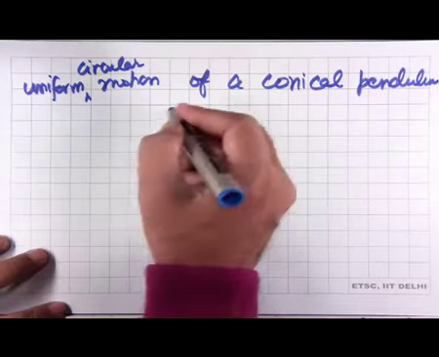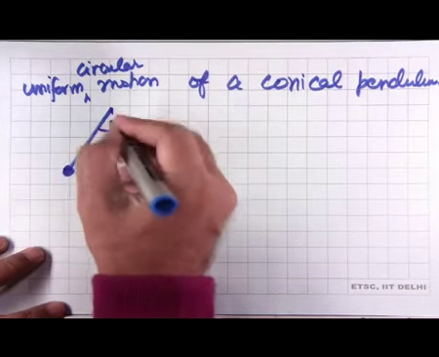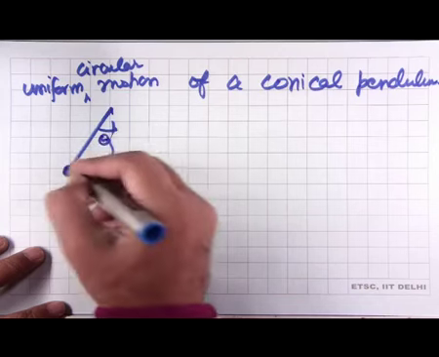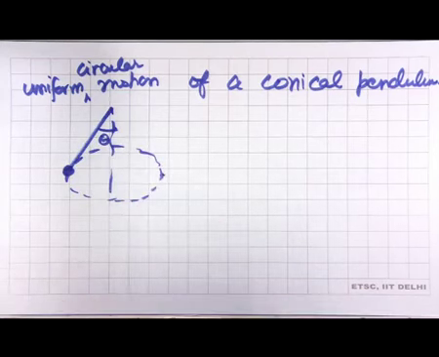As we have shown in the figure, this is a pendulum at an angle theta, traversing a circular path.